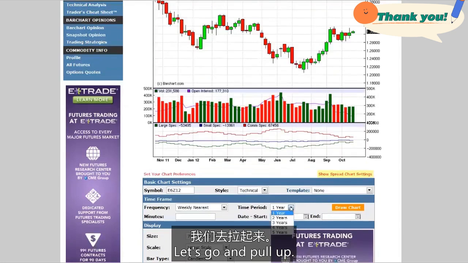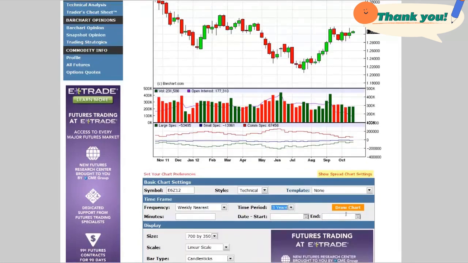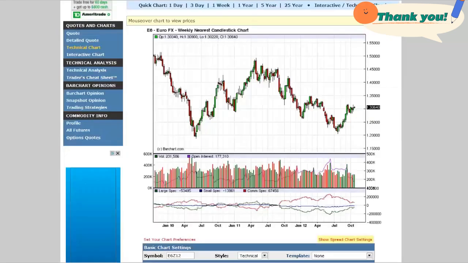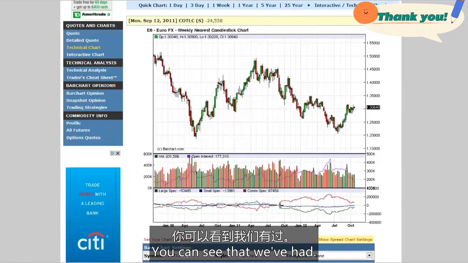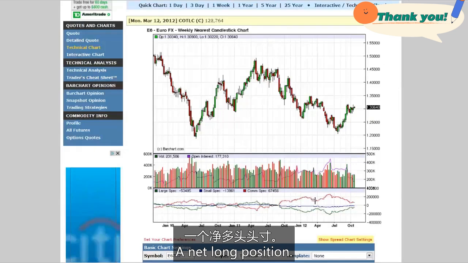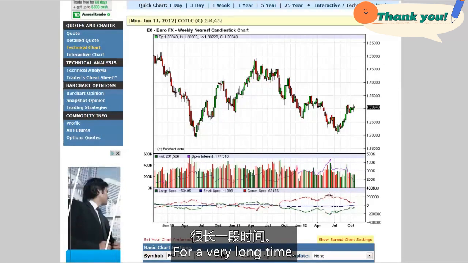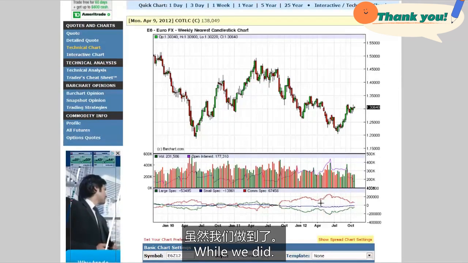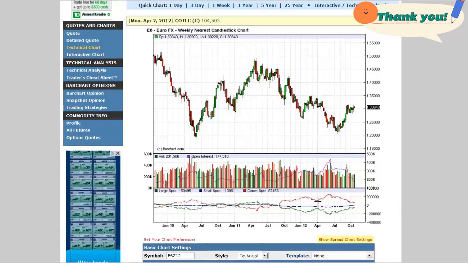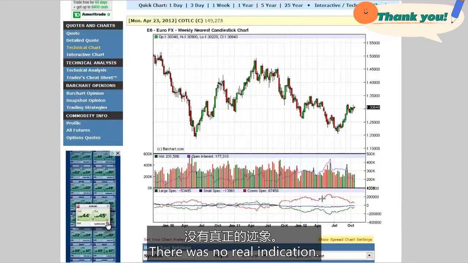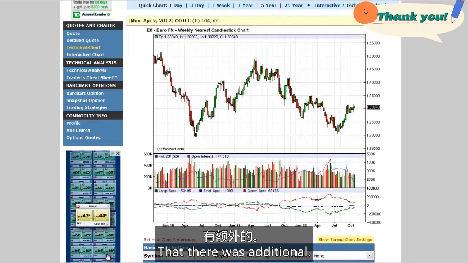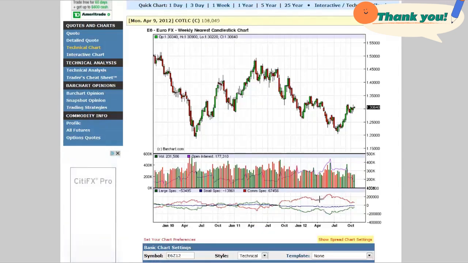Let's go and pull up 3 years of that and you'll see what I mean. You can see that we've had a net long position by the commercials for a very long time, and while we did drop down in here, there was no real indication that there was additional short selling here.